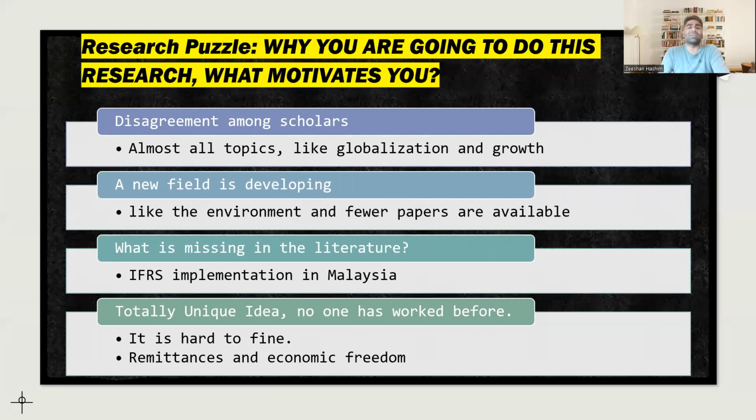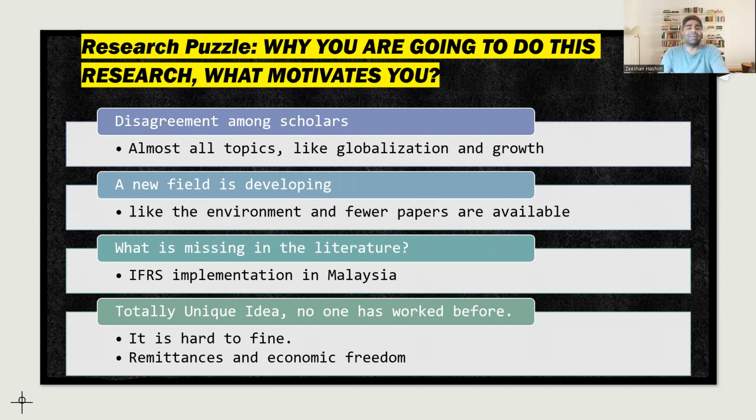So this is the research puzzle. You want to find out what is the exact nature of the relationship between globalization and growth. You want to solve this puzzle and help scholars find out what the relationship between globalization and growth basically is.